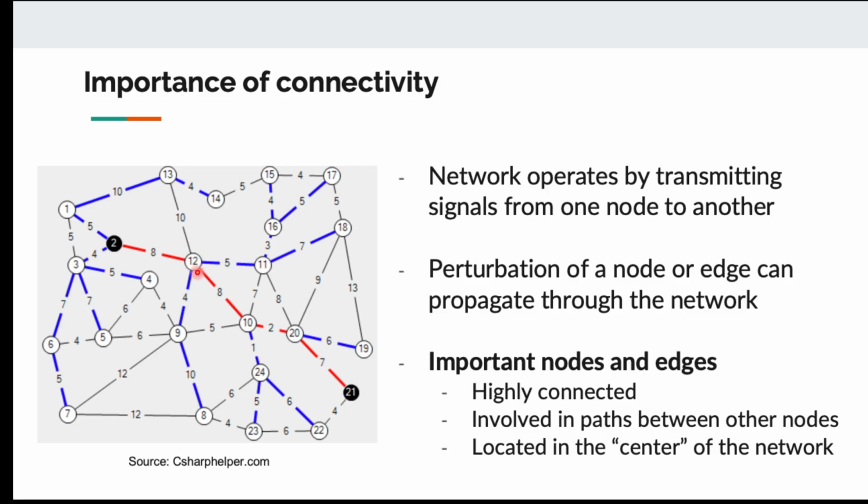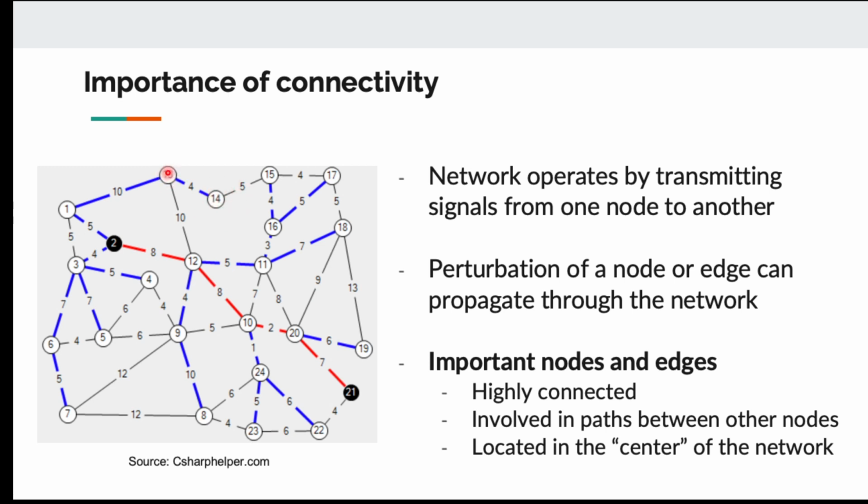And when you remove a node, or when you disable the function of the node, you are essentially changing the connectivity inside the network. So people can visualize the impact of a disease by showing that if you remove this node in the middle, how does it impact the connectivity of the other proteins? Versus if you remove this node 14, almost nothing changes.